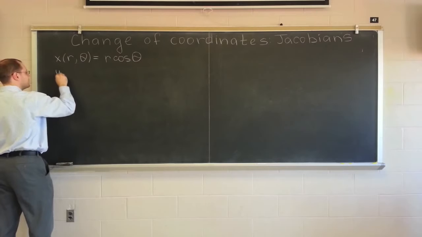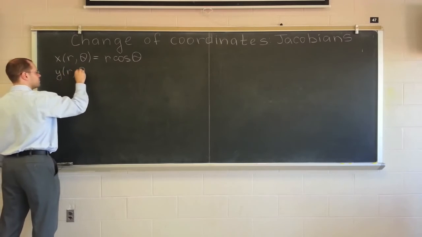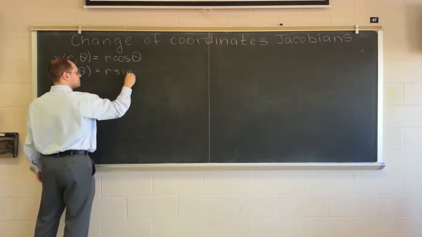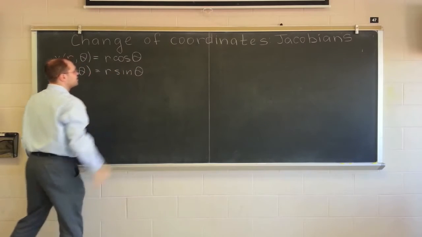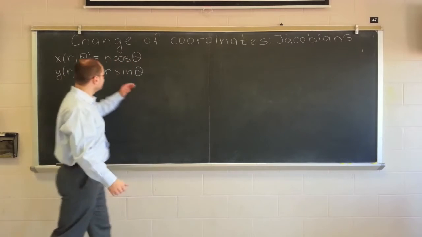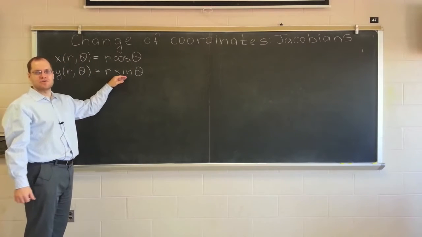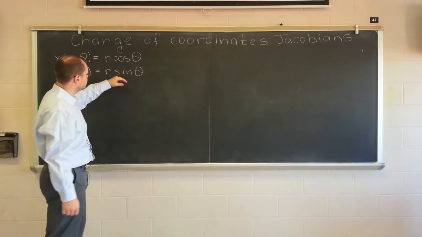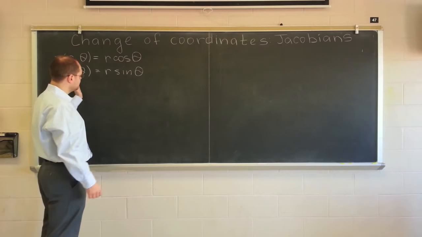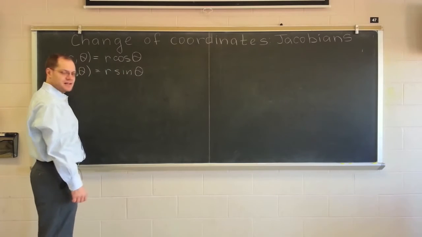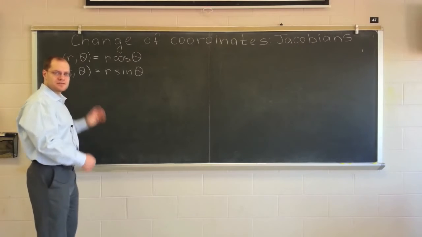Y as a function of r and theta is r sine theta. And of course, the terminology is debatable, whether this is a transformation from polar to Cartesian or from Cartesian to polar. I think perhaps this would be best to call from polar to Cartesian, because given polar coordinates, it will give us the value of the corresponding Cartesian coordinates.